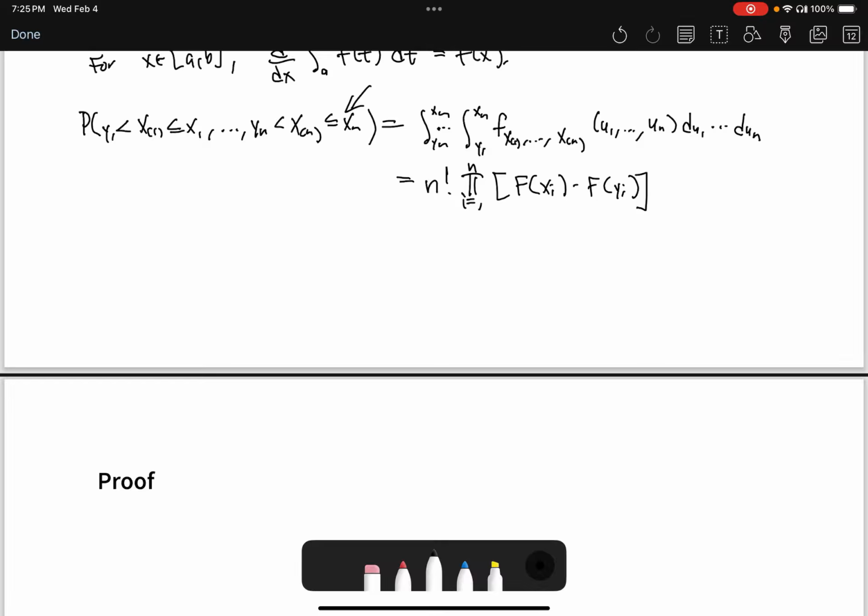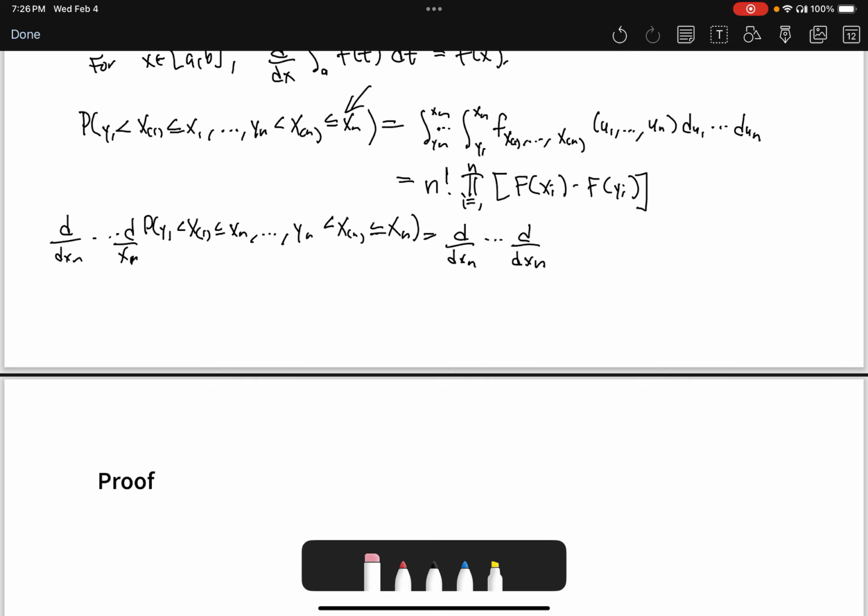Then by the fundamental theorem of calculus, if we take the derivative of that probability on the left, we take the derivative for all these values, with all these different x's, of this integral here.